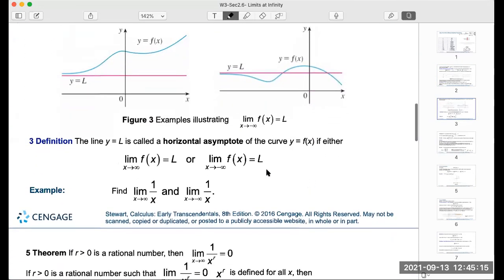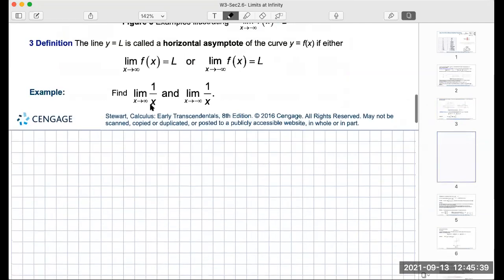Okay, very good. That is simply a new concept. Now let us play with some specific examples. The definition here is called horizontal asymptotes. As long as this limit approaches L, or this limit when x approaches negative infinity is also L. Now let us play with this example.